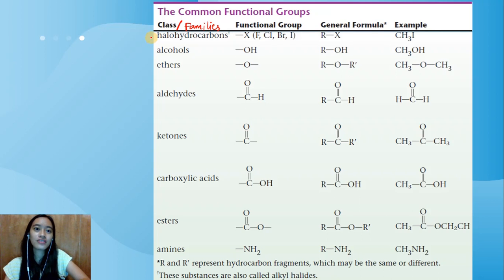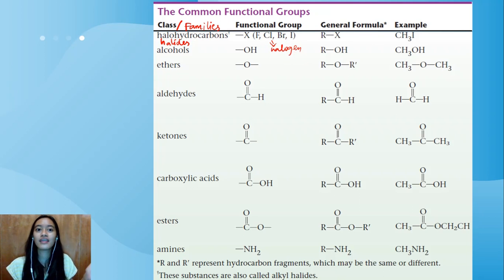So we have the hydrocarbons or the halides, and these are the functional groups. So in their functional group, what is repeating is the presence of a halogen. Okay, we have the fluorine, chlorine, bromine, and iodine. For the alcohols, another class, the functional group is this OH.